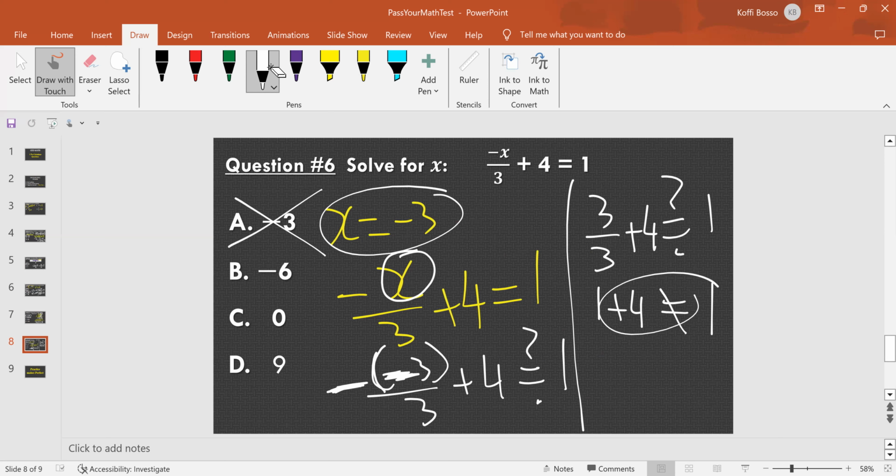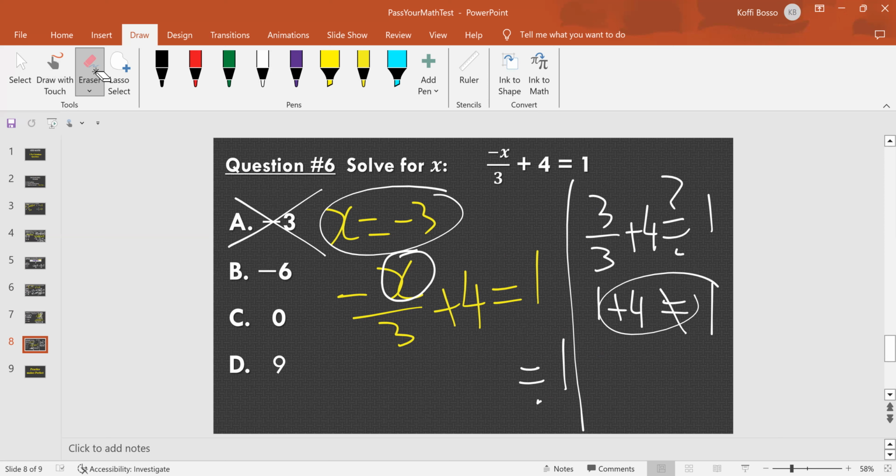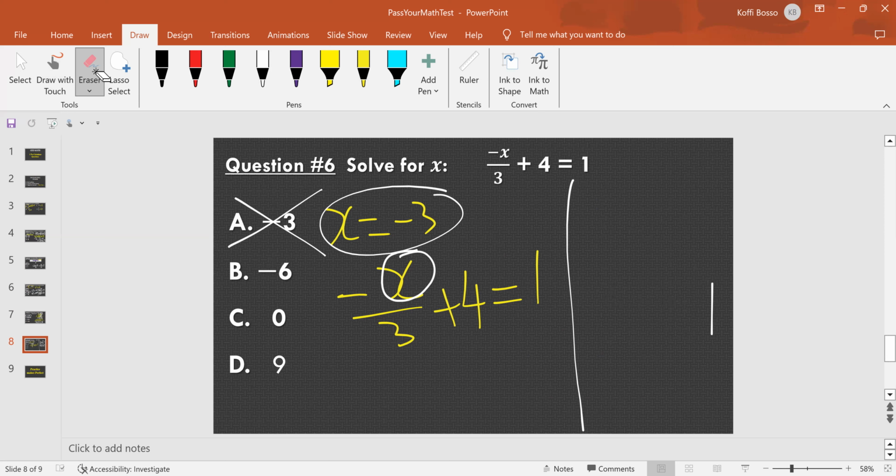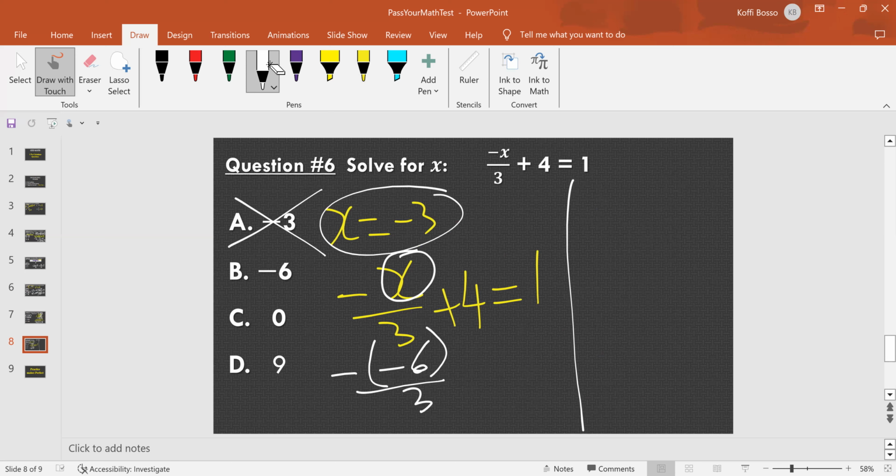What about B? We do the same thing, and this time we're going to replace x by negative 6. Because again it's a negative value, I will use parentheses. Therefore, I have negative, parenthesis negative 6, divided by 3 plus 4, which I want to check if it's equal to 1.